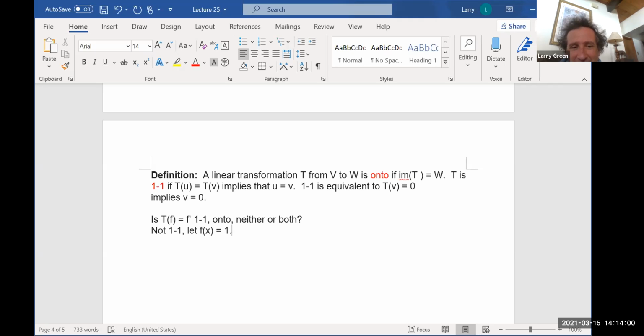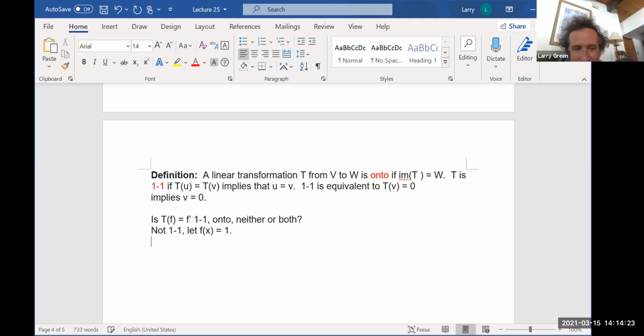Is every vector in W hit by a vector in V? The answer is yes, but you need calculus.